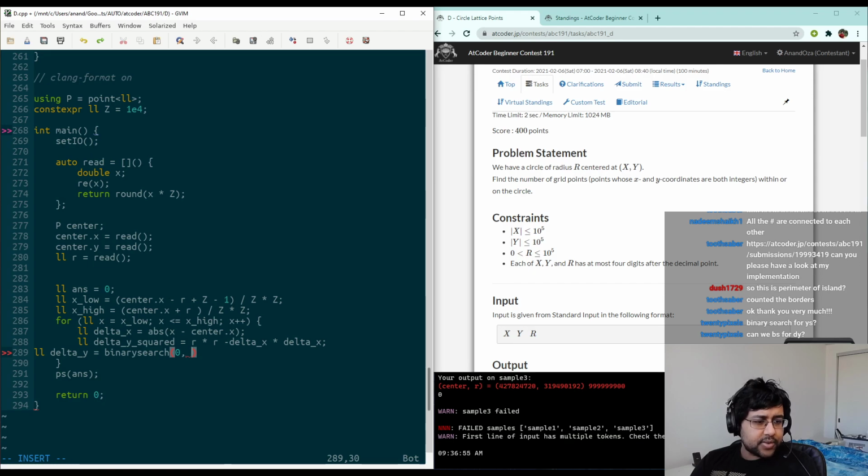So we're going to find the first value that's greater than this. Yeah, that sounds right. And then we're going to subtract 1 to find the last value that's less than or equal to this.